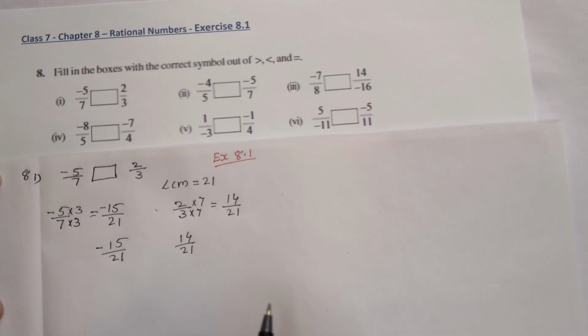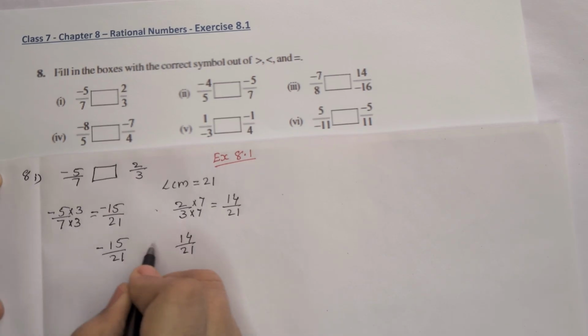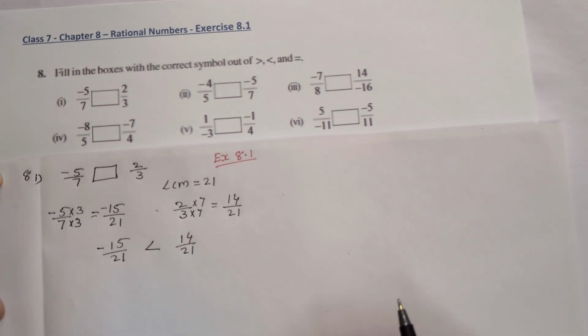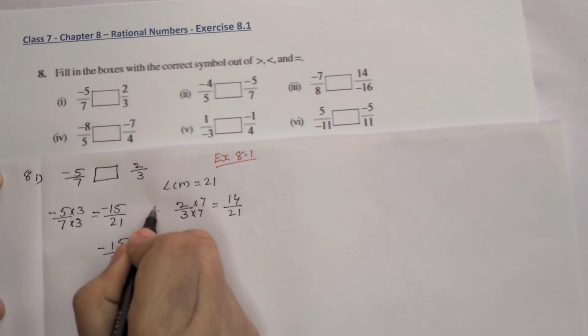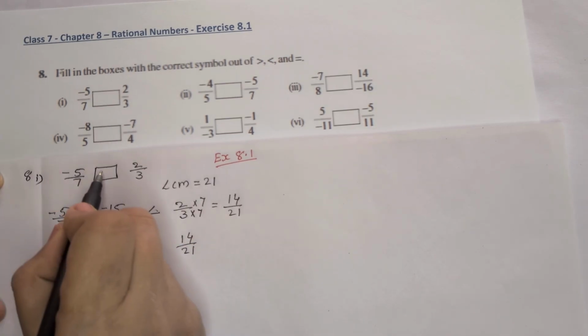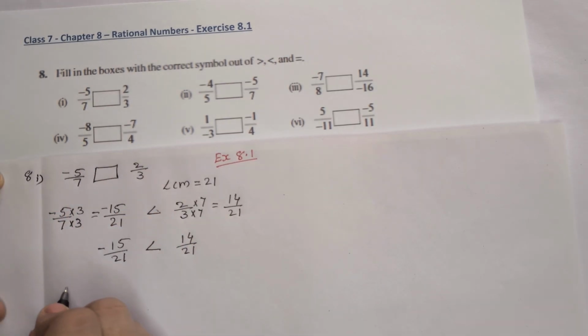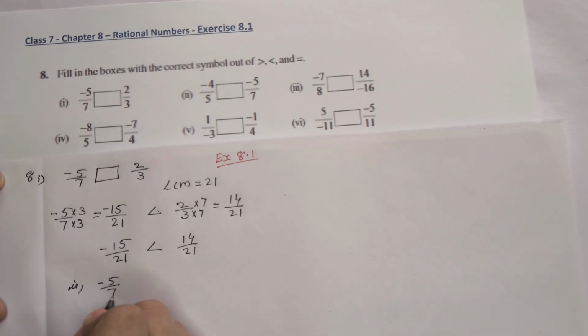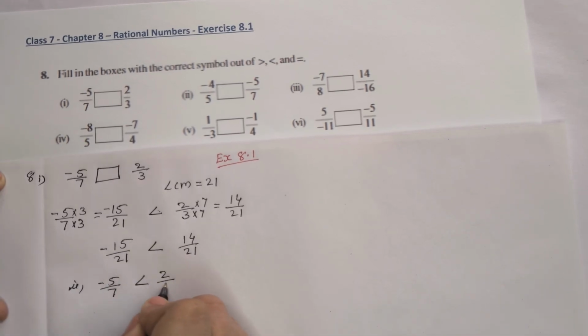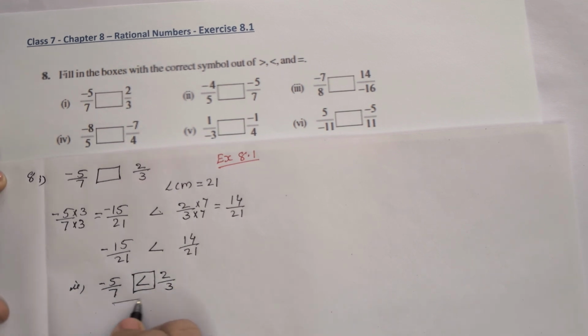Here we can see which one is greater. This is a negative number, this is positive. So the positive number is always greater. So that we can rewrite as minus 5 by 7 less than 2 by 3. In the box, put the less than sign.